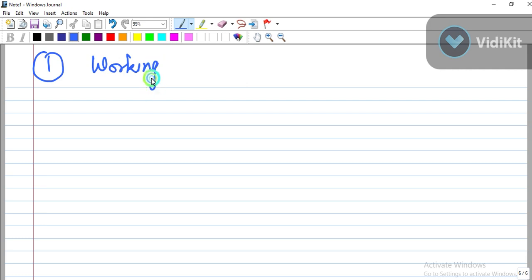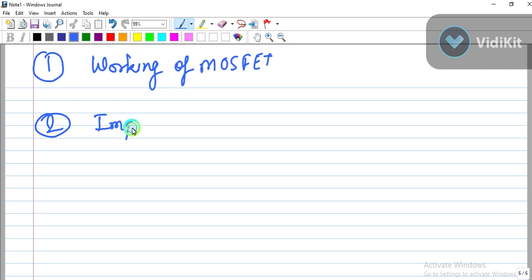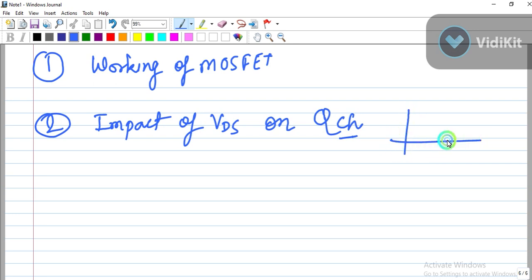Second, we saw the impact of VDS on the channel charge Q. If I call it Q channel versus X, at 0 the Q charge was maximum and then it was reducing, like this.